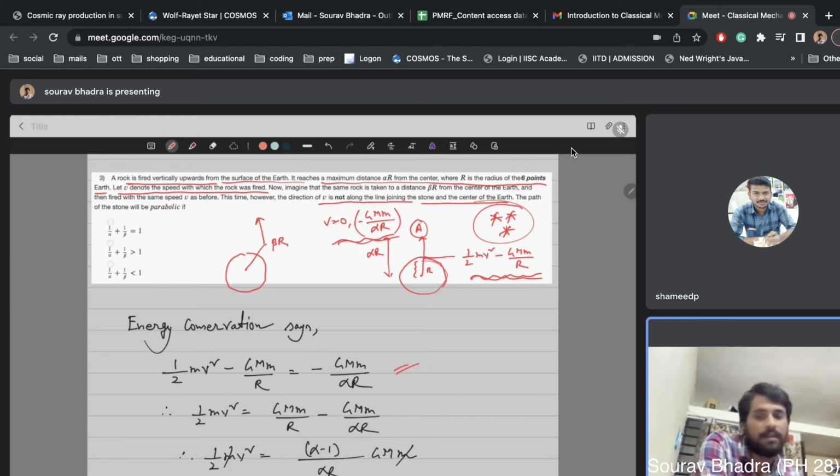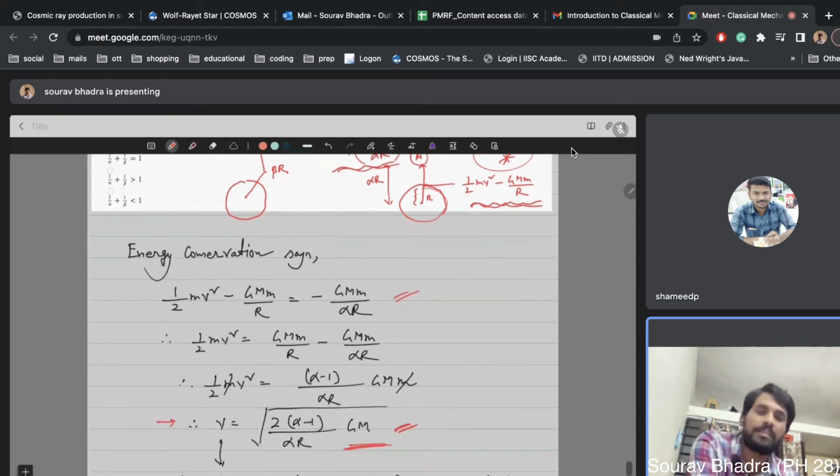I have also given a hint of this problem in one of my previous videos, where I calculated the required velocity if we want the trajectory to be a circle. I will ask you to follow the same procedure.